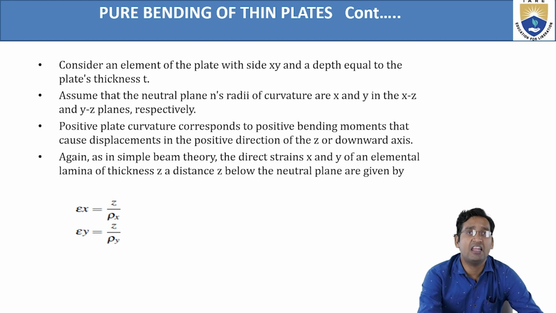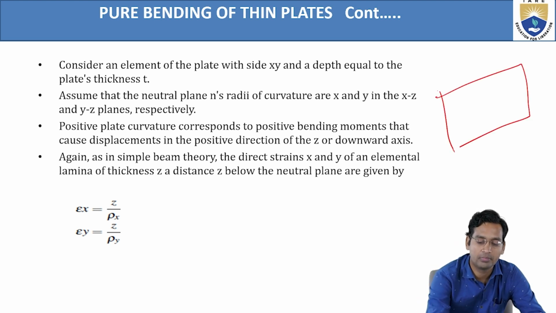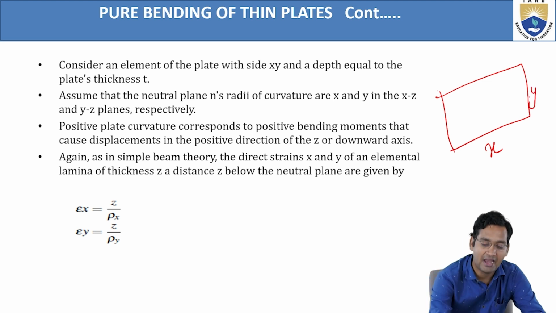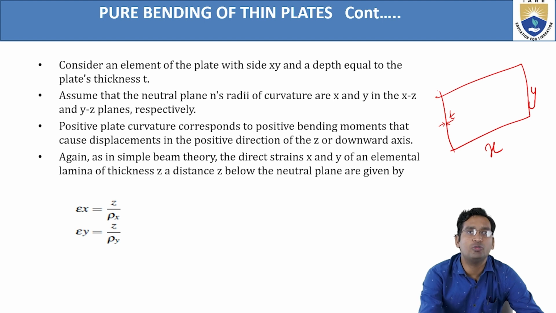Now consider an element of plate with sides x and y and a depth equal to the plate thickness t. So this is x, this is y, the plate, and having this thickness from here to here, it is t. That is the depth, the third dimension. Assume that the neutral plane has radii of curvature rx and ry in the xz plane and in the yz plane.